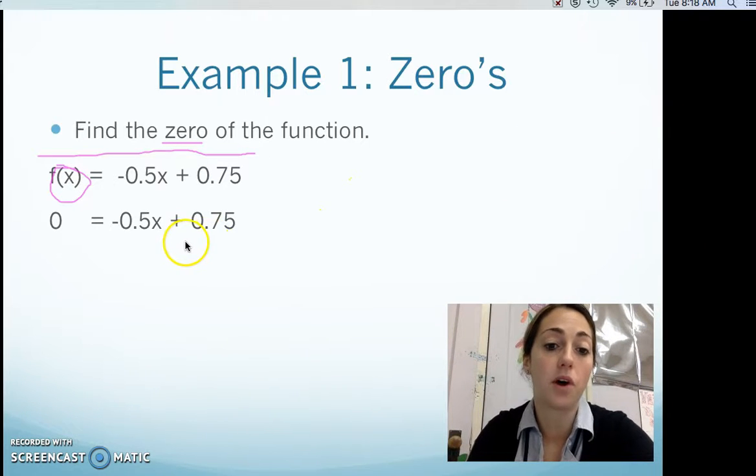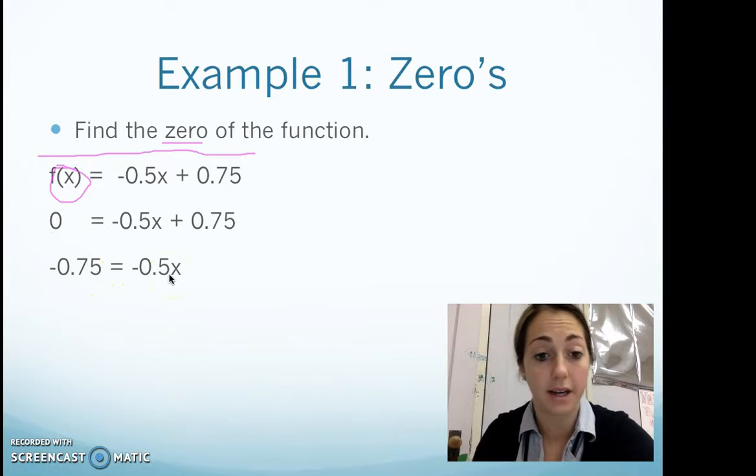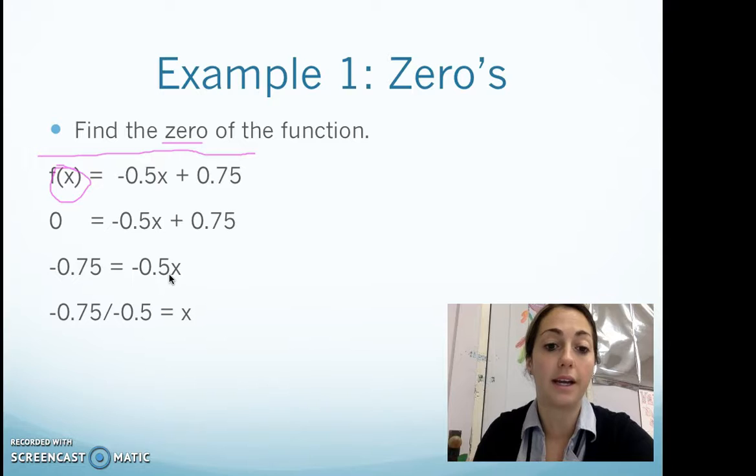Now all we have to do is solve the equation. We subtract 0.75 from both sides, and I get negative 0.75 equaling negative 0.5x. Divide by negative 0.5. A negative divided by a negative is positive. And then I have to think 0.75 divided by 0.5.